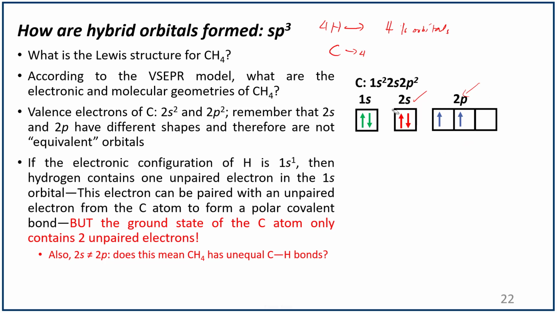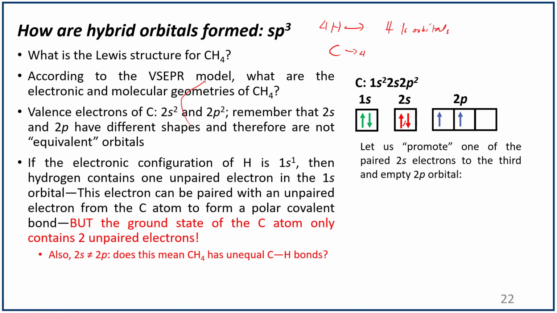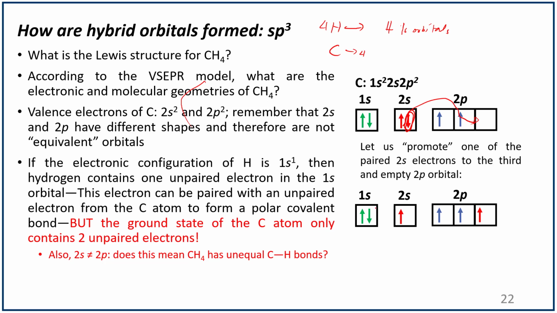So let's do a thought experiment. Say, for example, let's promote one of these electrons from 2s into 2p. If we promote it to that empty 2p orbital, then we will have this electron configuration for carbon.